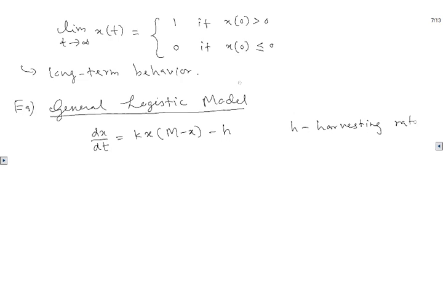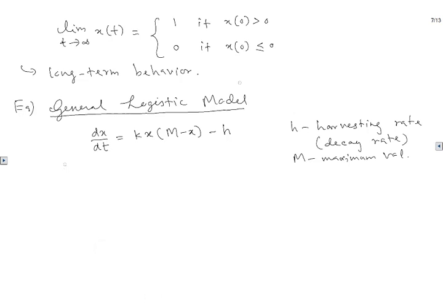Harvesting rate or the decay rate, because that term is going to decrease the rate of x. And then again, x is the population size at time t, m is the maximum value, and x is the population size.